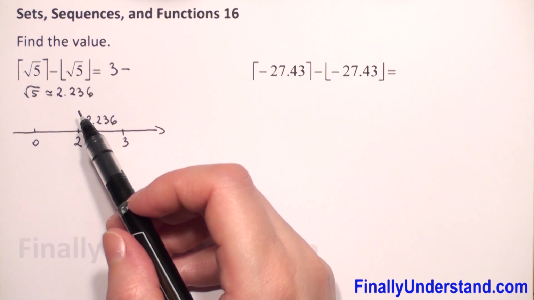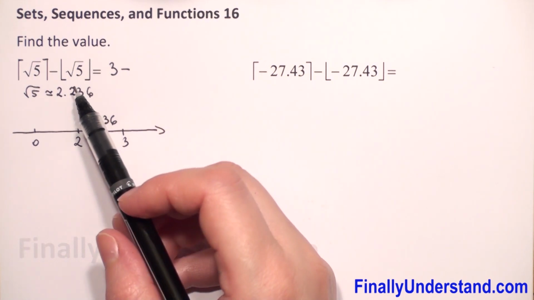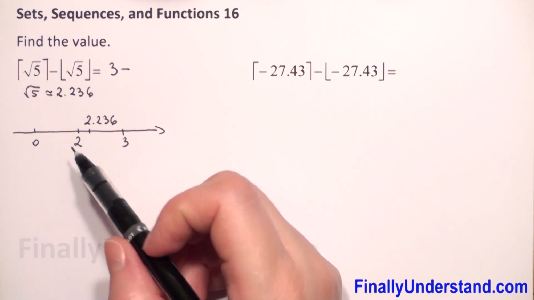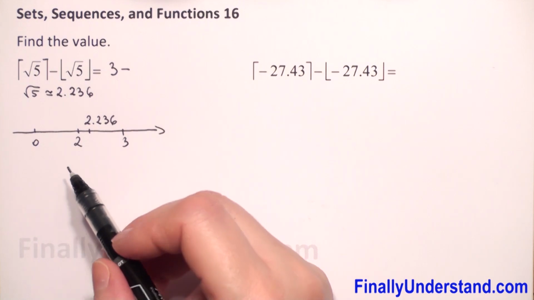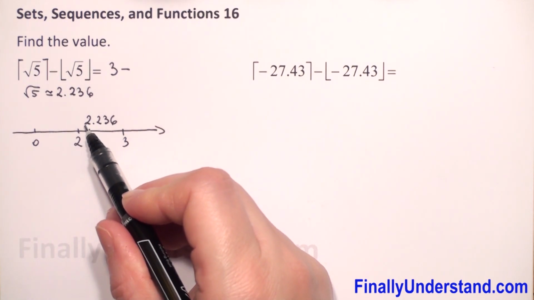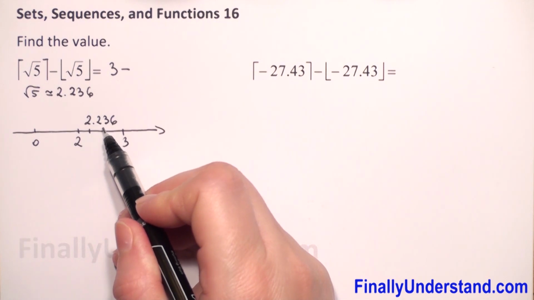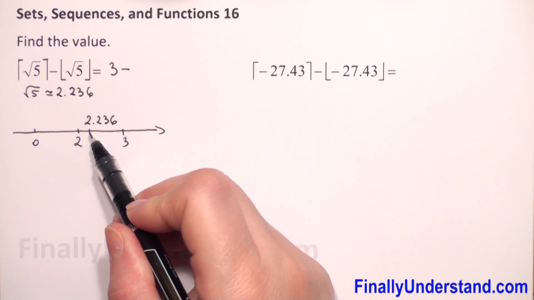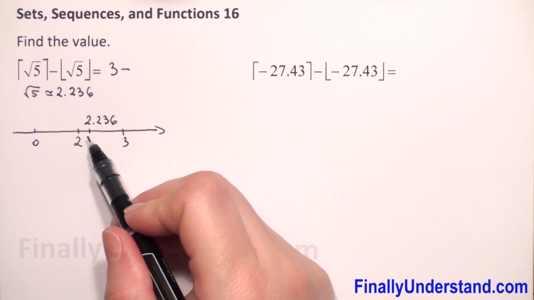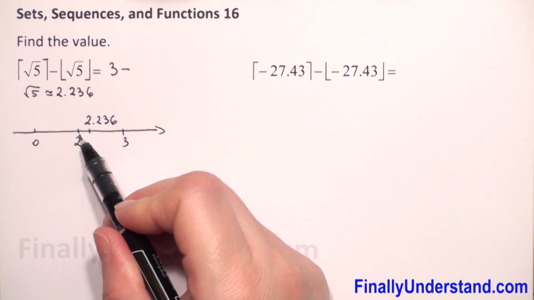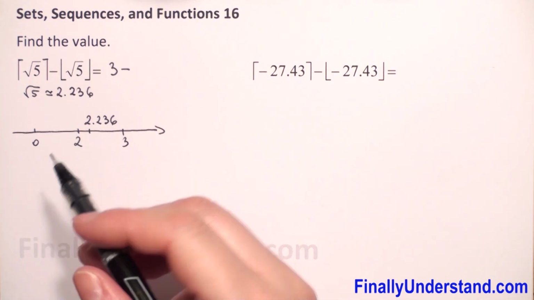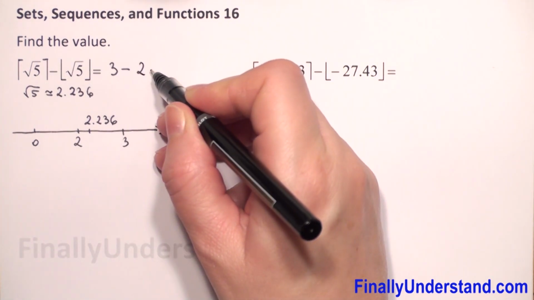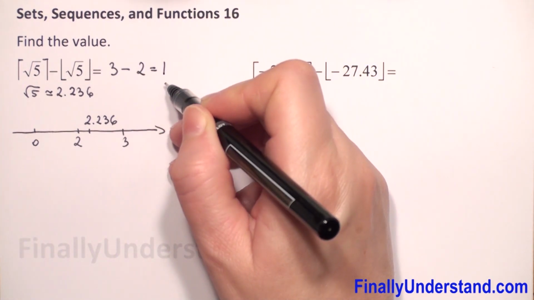When we have to find the floor of a number, it means we have to find the largest integer less than or equal to this number. Because 2.23 is not an integer, we have to find the largest integer which is less than this number. The largest integer on the left side is 2. So we have 3 minus 2 is equal to 1.